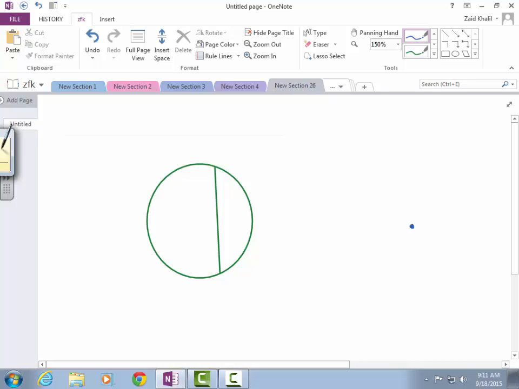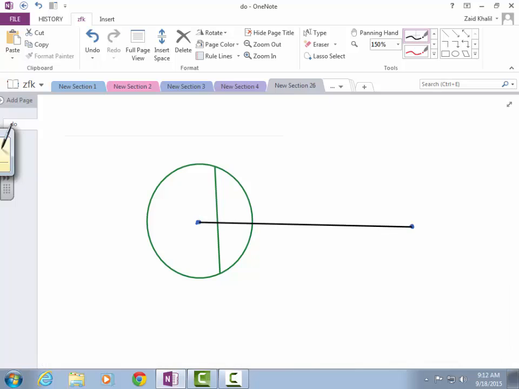Okay? And so if you take a look, this point, this distance right here, that is little r. So this right here is little r. This right here is script r, right?